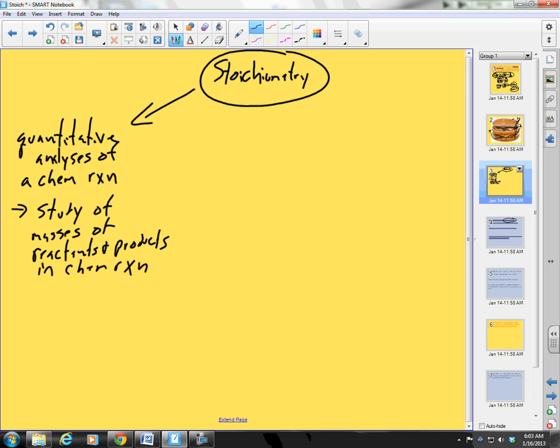So that is stoichiometry. Now, one important part of stoichiometry is the mole ratio. So what is the mole ratio?